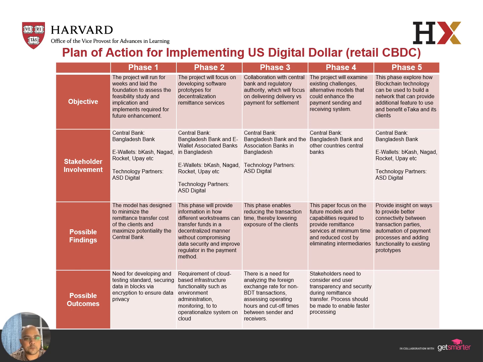So in phase 4, our objective is that the project will examine existing challenges, alternative models, and how to enhance the payment sending and receiving system. Here we will actually face the challenges, what kind of difficulties it may face. Even competition may be there, because anything is coming to launch.